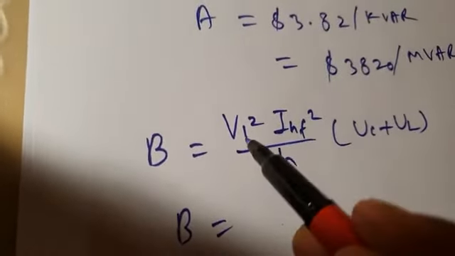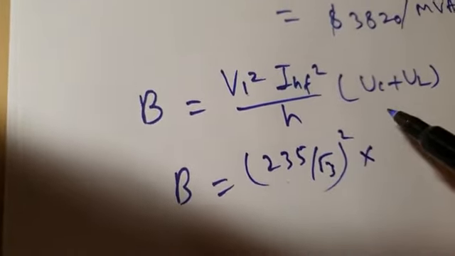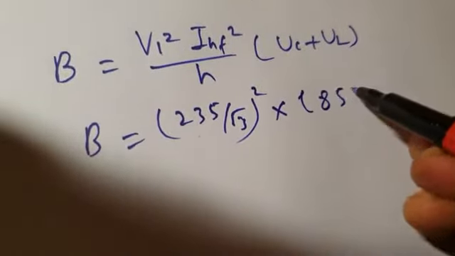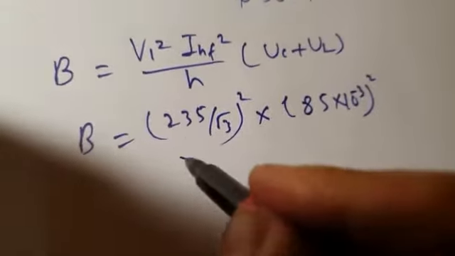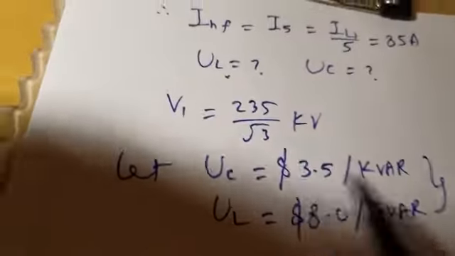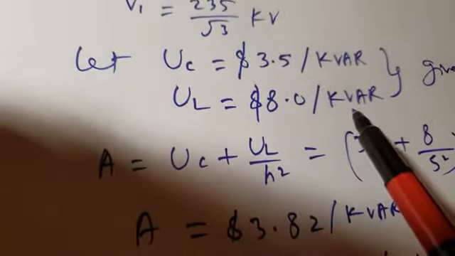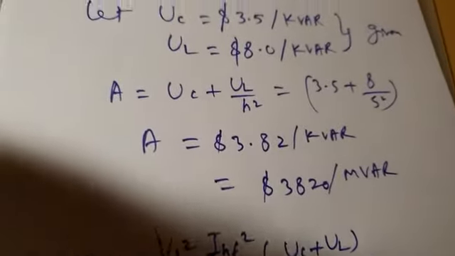So B is equal to V1, which is 235 by root 3, square, into IHF. We just found IHF is 85 amperes, so it is 85 into 10 raised to power minus 3 kiloamperes, divided by H, which is 5, into the cost of capacitor, which is 3500 per megawatt, plus the cost of inductor, UL, which is $8,000 per megawatt.